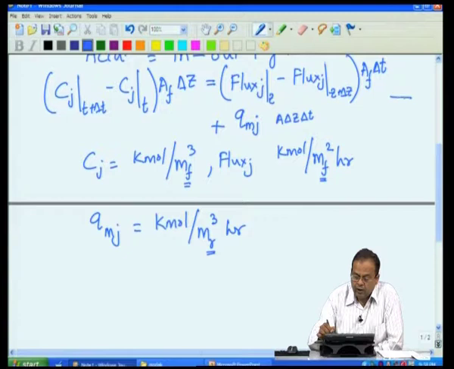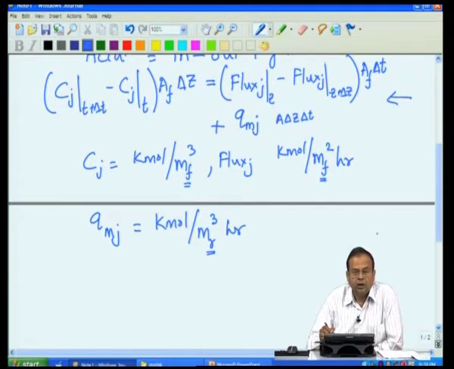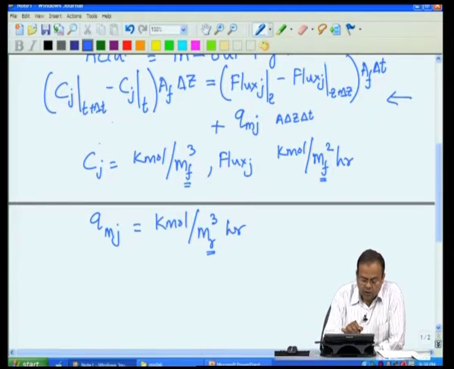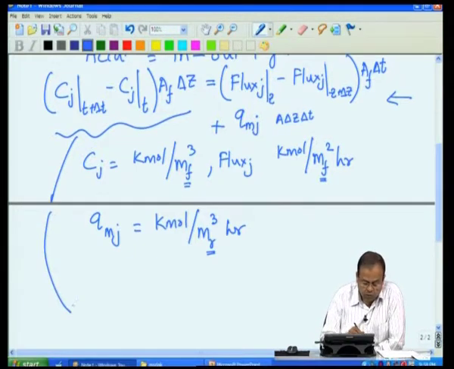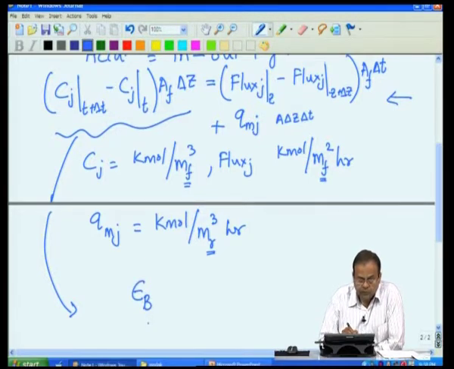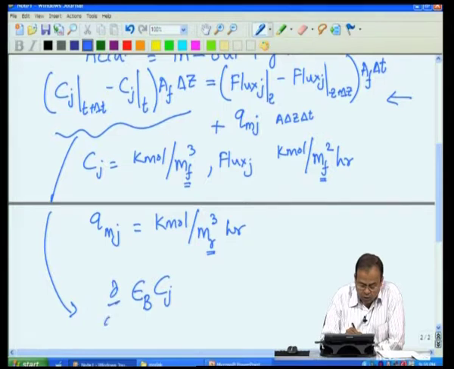Now, if I divide this by A delta Z delta t and take the limit as delta Z goes to 0 and delta t goes to 0, that is, convert a difference equation into a differential equation, the first term, the accumulation term, will simplify to, remember we are dividing by A delta Z, so AF by A, that is my epsilon b, the fluid volume by the bed volume, epsilon b dou Cj by dou t.